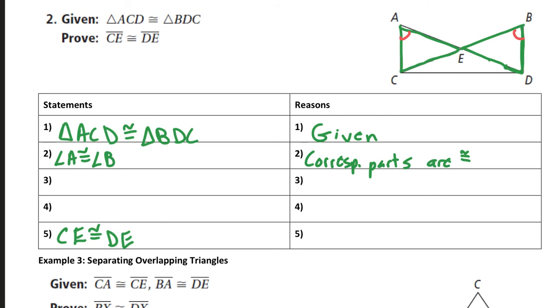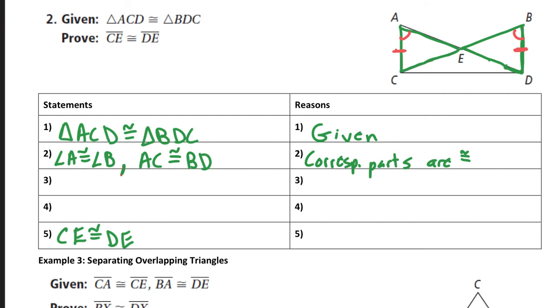The next thing I can assume, and I'm going to keep this in the same line, in the same color, is that AC is congruent to BD because those are also corresponding parts of these two overlapping triangles, so of ACD and BDC. So I'm starting to build my case for ACE and BDE being congruent.